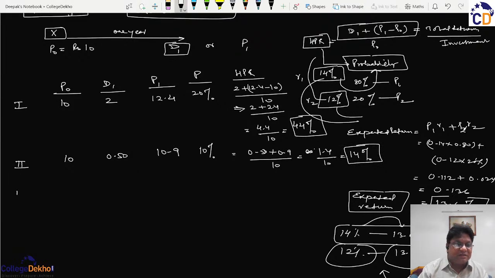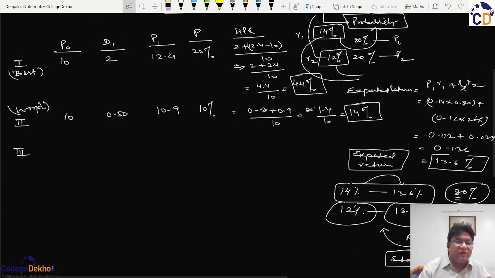So if I take the third example, and we presume that the first is your best scenario and this is your worst scenario, now if we go to a third scenario where the current price of 10 is expected to give a dividend of 75 paise, with the expected price of 11 and the probability of achieving this is 25%.